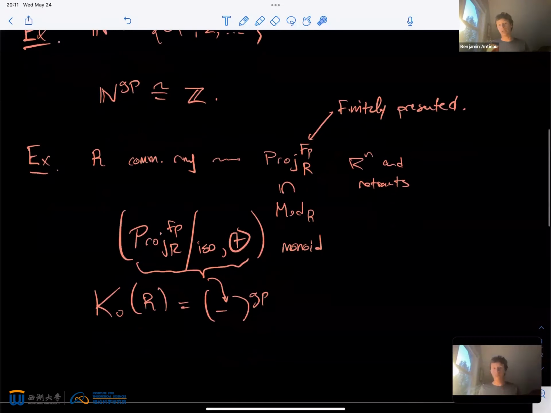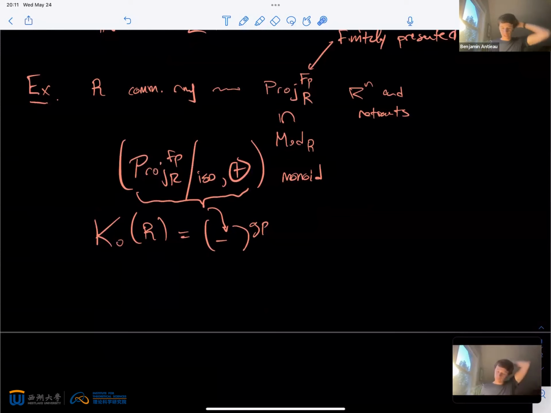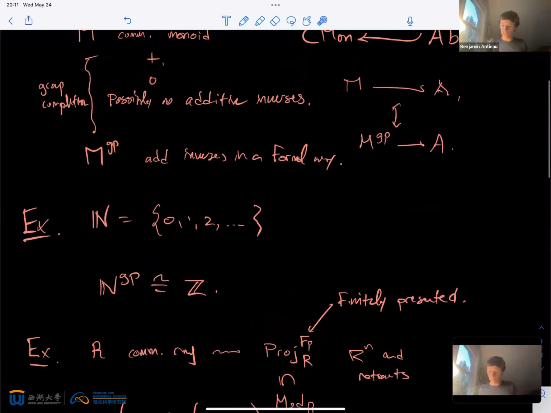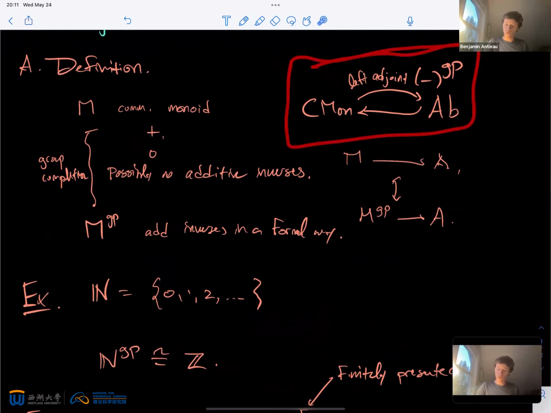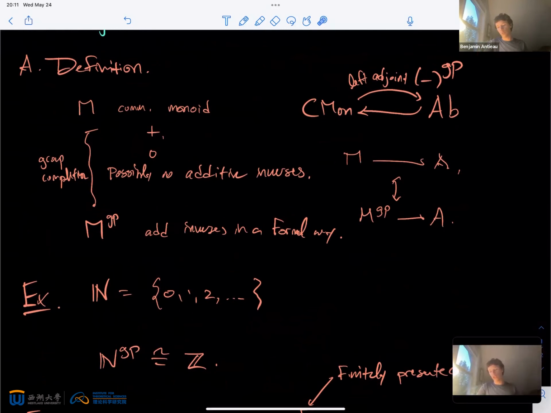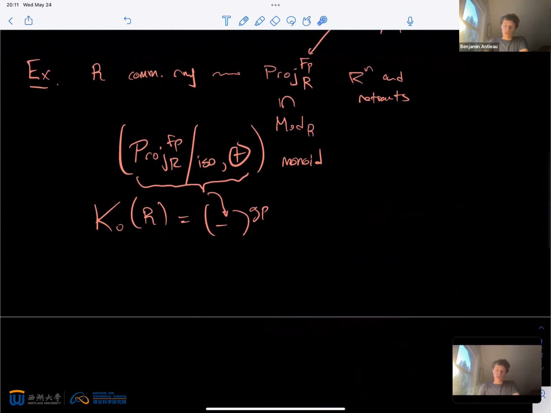So let me just go ahead and define what for me will be algebraic K-theory for the purposes of this talk. It's going to be the same thing. So this group completion here has to do with this formal adjunction procedure. And the idea now is we're going to view ourselves as having been a little too brutal when we made this definition.